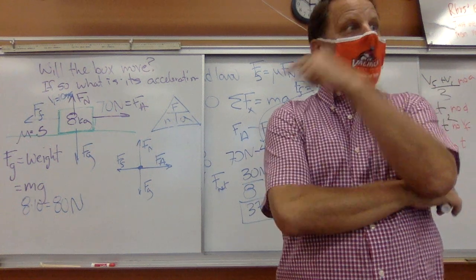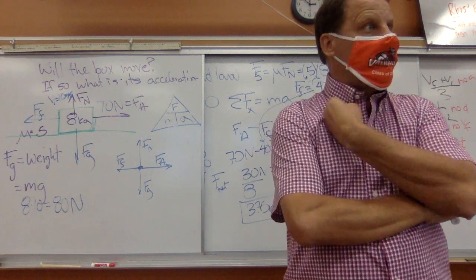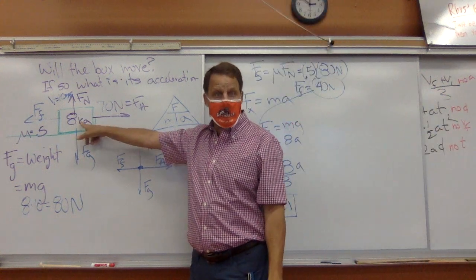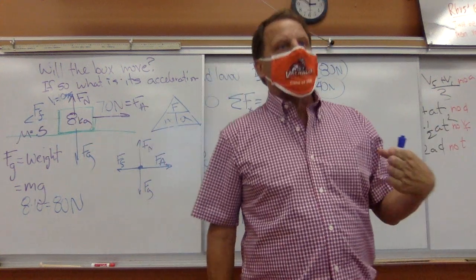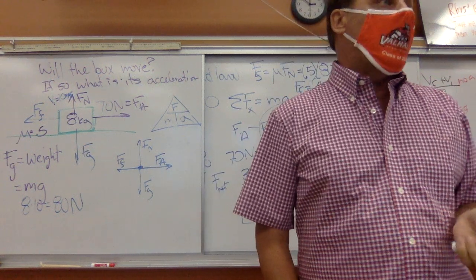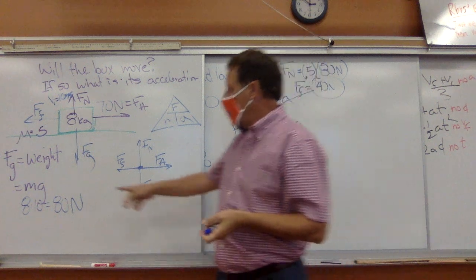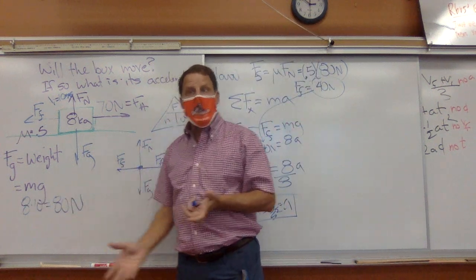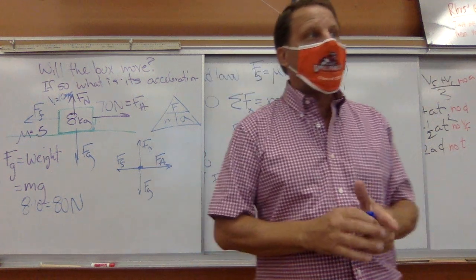The first question is going to be, what is the mass of your box? And the answer is going to be 8 kilograms. Then the next question is going to say, hey, what is the weight of your box? And you would say mg, 8 times 10, that would be 80 newtons.